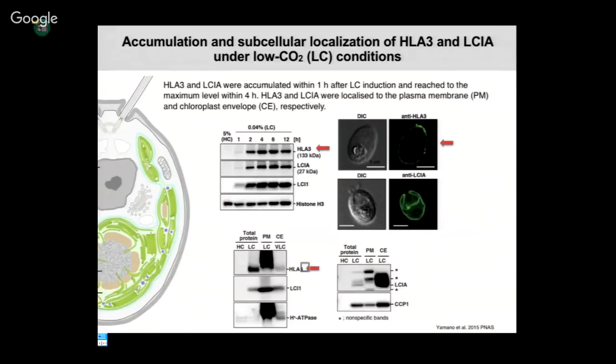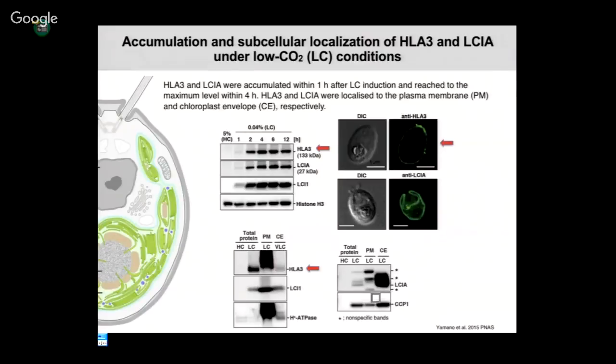So the HLA3 is highly accumulated in the plasma membrane fraction. And in case of LCIA, the chloroplast envelope fraction is very rich in the protein. So this kind of analysis is biochemical analysis. It tells you where it is so that you can make a model.